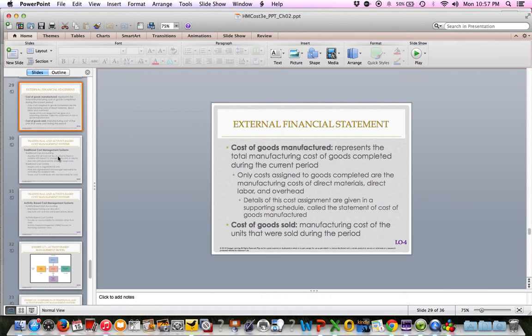Only costs assigned to goods completed are included, which are manufacturing costs of direct materials, direct labor, and overhead. Cost of goods sold then is the cost of goods that we manufactured. They become cost of goods sold when they're sold to an outside third party.